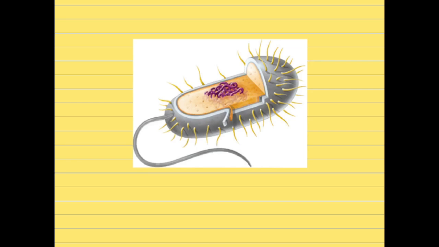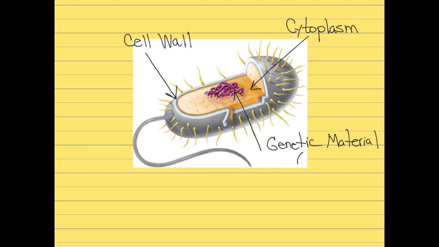They consist of a cell wall, cytoplasm, which is a jelly-like substance, and they have genetic material inside them which contains the DNA. We'll talk more about cells and their organelles later in the year, but right now what you need to focus on is that they have cell walls and that they have genetic material DNA inside of them.